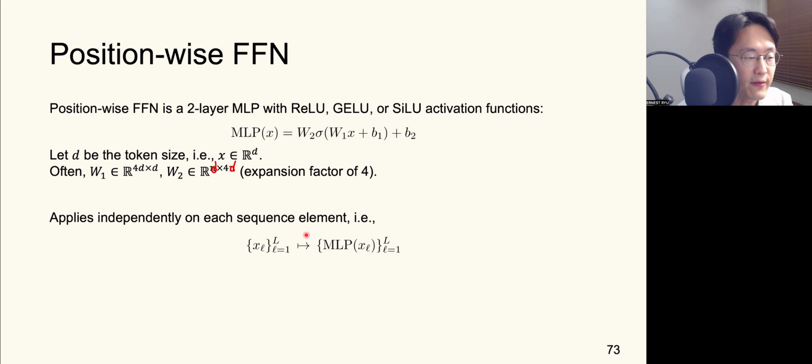The position-wise FFN is applied independently on each sequence element. So if we have a sequence of x vectors, x1 up to x big L, and each x is of length d, then we apply the MLP on each sequence element individually.